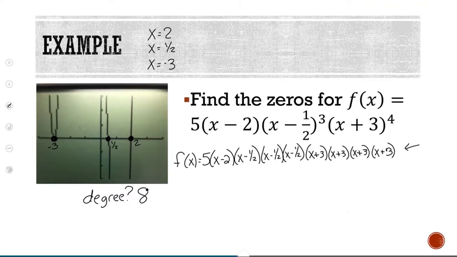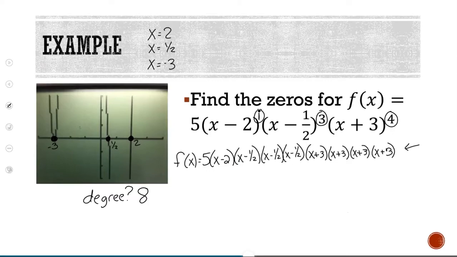I could have said, here's a 3, here's a 4. I know that there's a 1 right here. So 3, 4, and 1 make 8. So I could have done it that way, right? Simply adding up those exponents. Again, the 5 doesn't really come into play because it's just a constant sitting in front of the terms.